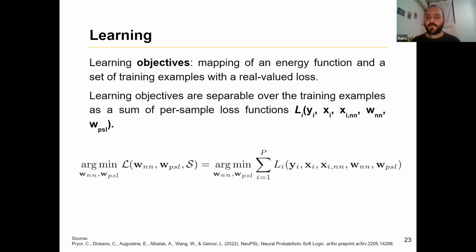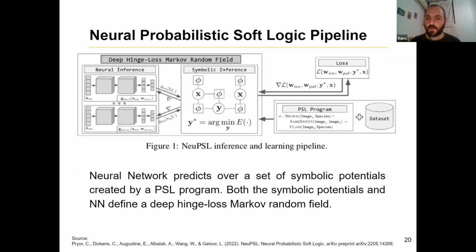And once you stop training, you freeze WNN and WPCL, and then you have new pairs. You'll have input X variables, and then you go from the learning process to the inference process and try to find the best Y, but you already have this WNN and WPSL frozen.